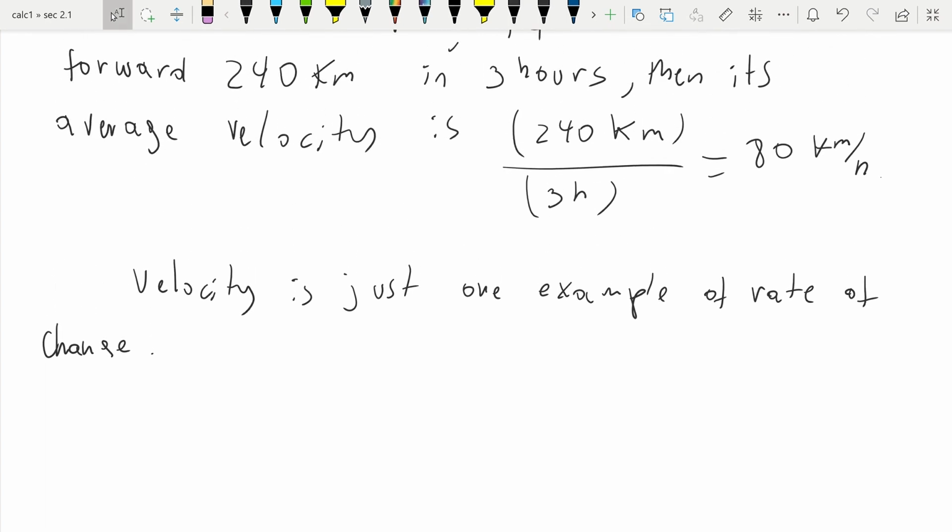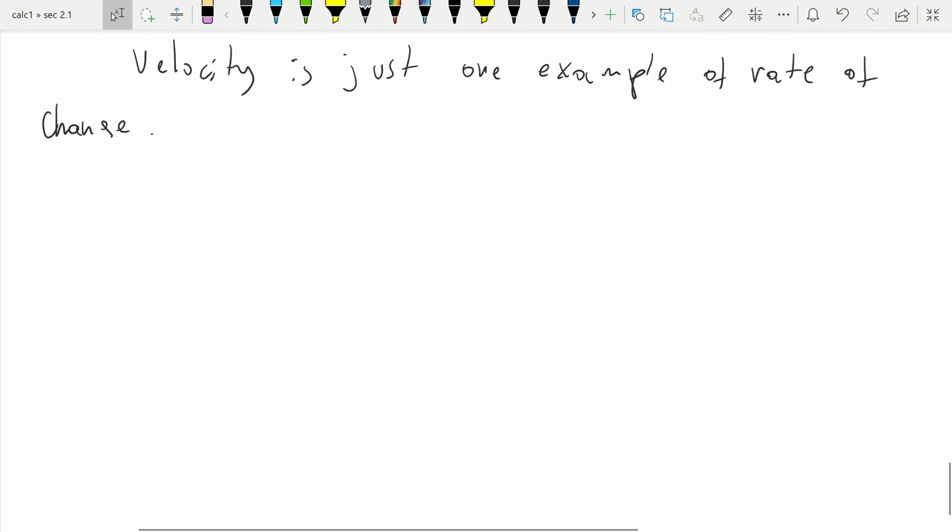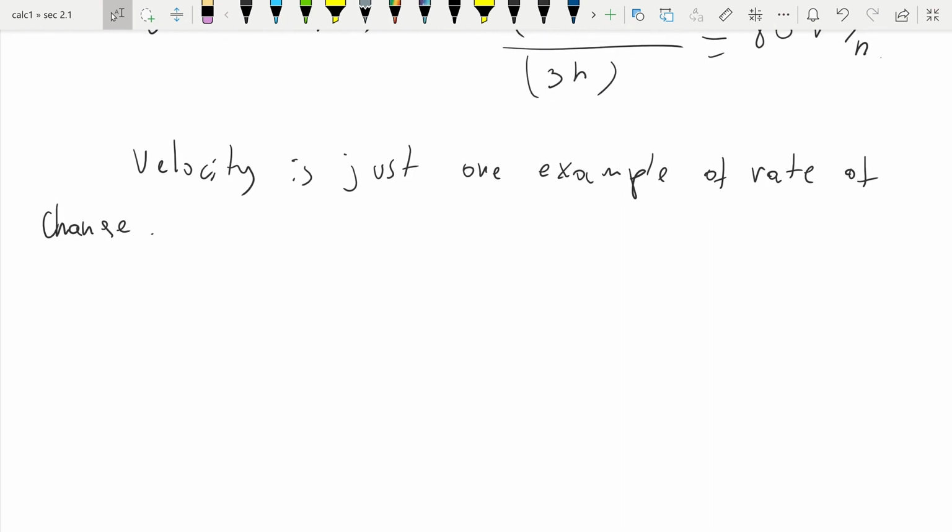You can find more examples in the book. I'll point to those in the module. This is just the basic starting point of the course. In the next video we'll go over some problems related to this section and more examples, so that you become very familiar with the notion of rate of change.